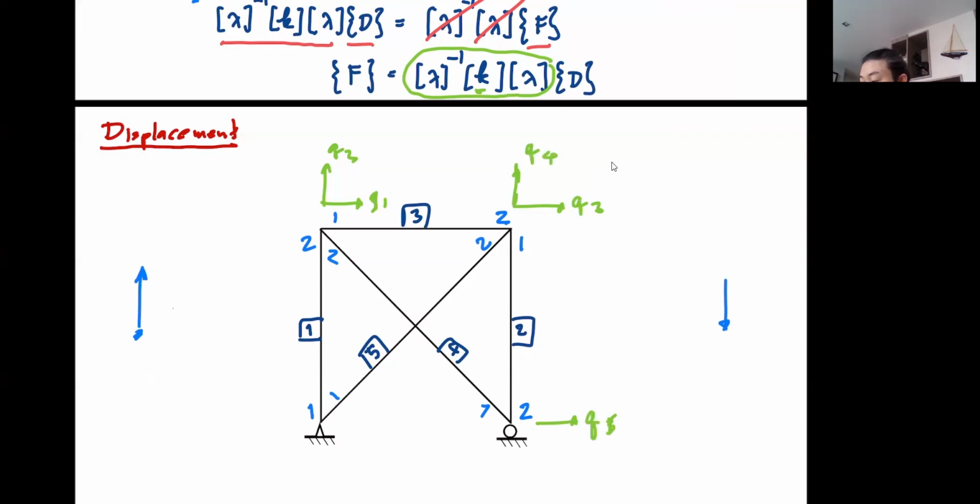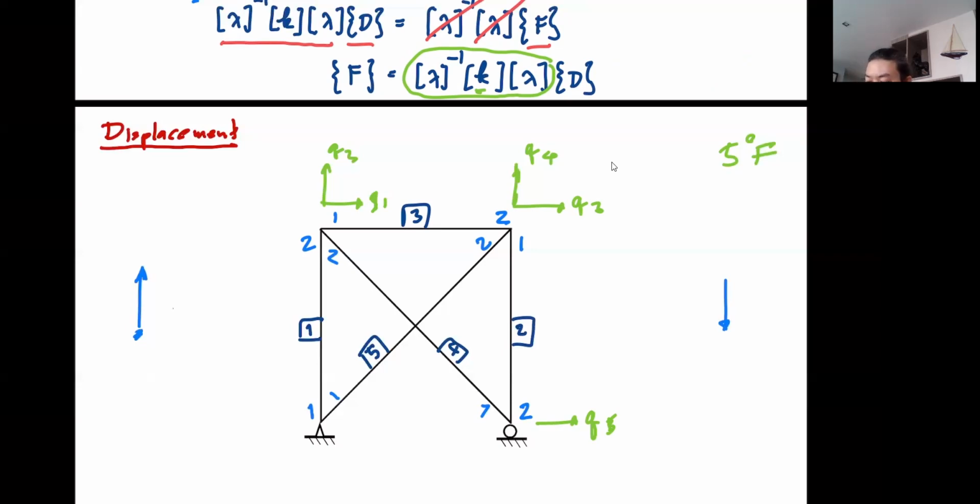So this system has 5 degrees of freedom. Correct? You have 5 unknowns. In other words, if you know these 5 unknowns, you can describe the structure any way you want. Okay. So interestingly enough, the Q is used for displacement. So what are we going to use for the force? Maybe another Q.